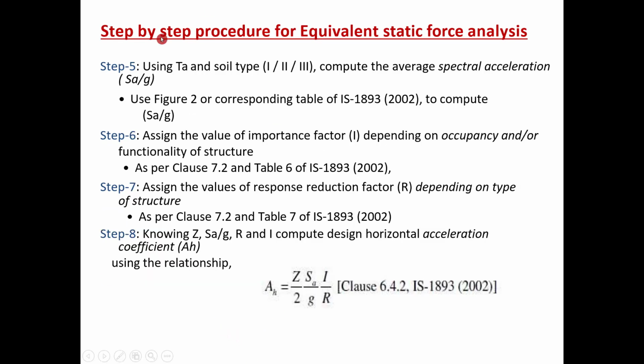So you can find the time period, you can identify the soil type to find the Sa by g value, then importance factors and the response reduction factors to find the Ah, which is Z by 2, this is a zone factor, Sa by g from the chart, I importance factor, and R is the response reduction factor.